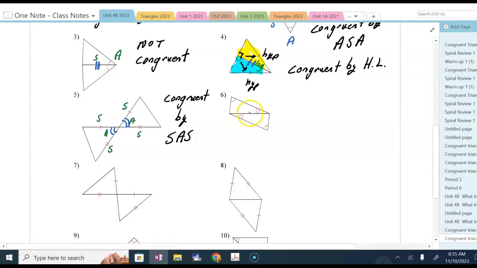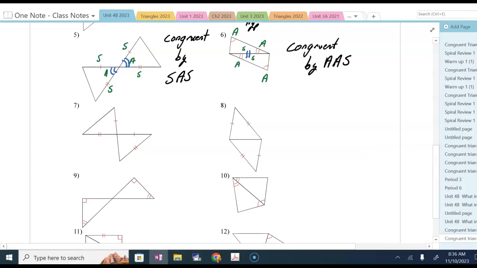In problem number 6, we're going to mark the reflexive property down the middle. In the triangle at the top, we have an angle, another angle, and a side. In the triangle at the bottom, we have an angle and a side. So for problem 6, they are congruent by angle, side.